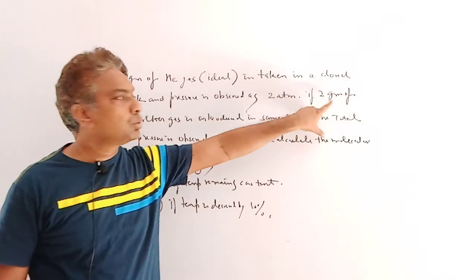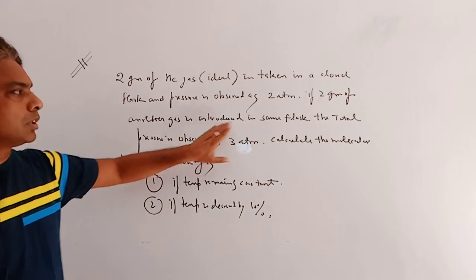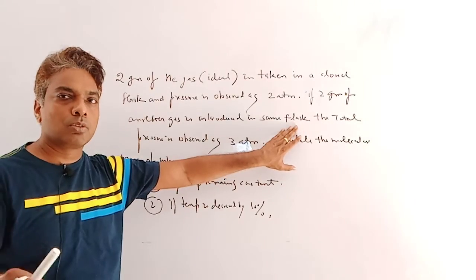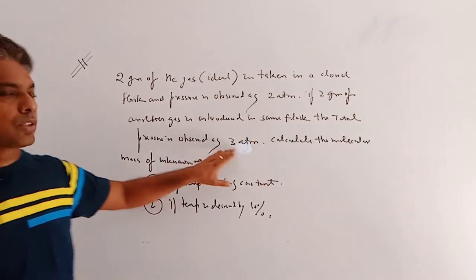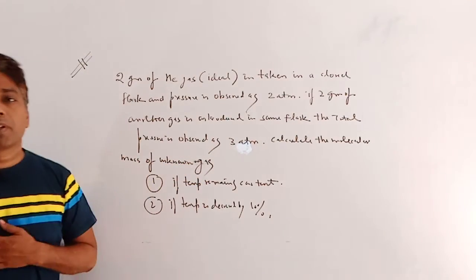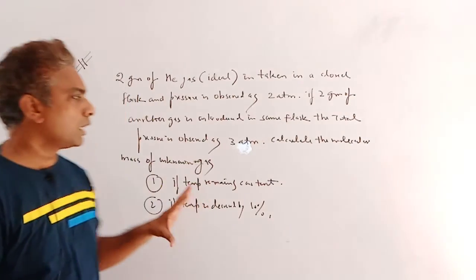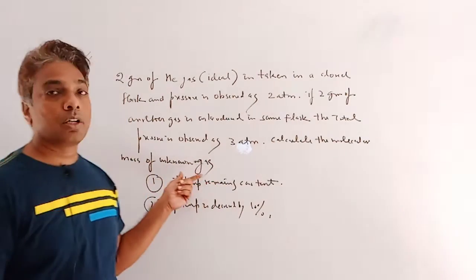If 2 gram of another gas is introduced in the same flask, the total pressure is observed as 3 atmosphere. Pressure will be increased from 2 atmosphere to 3 atmosphere. Clear? Calculate the molecular mass of the unknown gas.